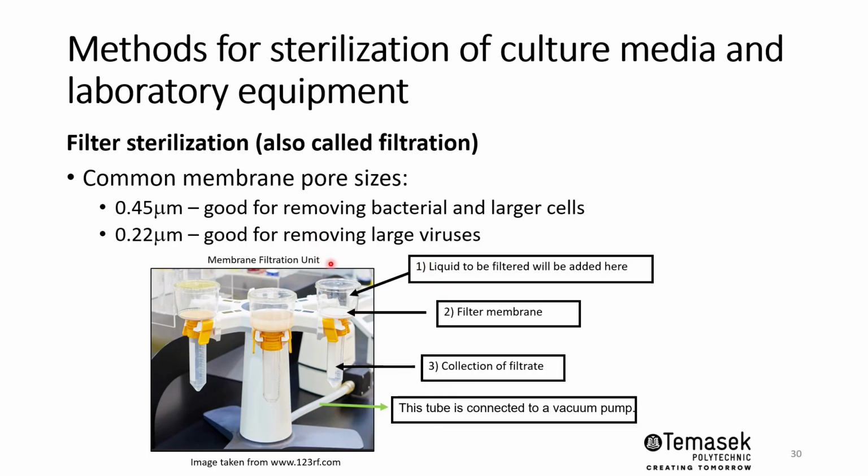This unit itself, if you place your liquid here and then you pass it through this filter membrane, you can collect your filtrate here, which is sterile. So this whole filtration unit is actually driven by a vacuum pump, so that your solution that's added here will pass through the membrane filter to give you your desired filtrate.